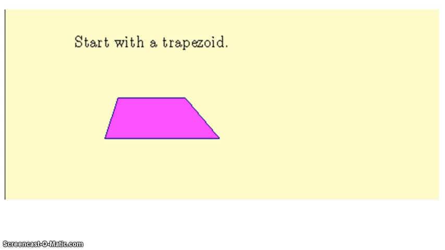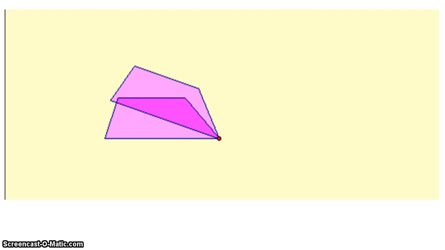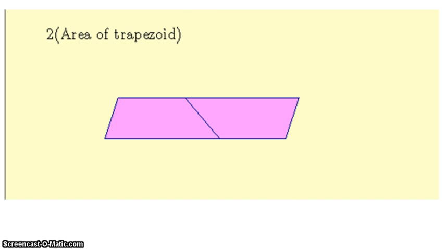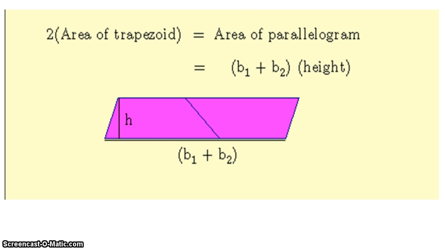So we start with the trapezoid, and just like the triangle, we're going to take 2 copies of that trapezoid. Now once we put them together, we've got double the area of a trapezoid, and that looks just like the area of a parallelogram. Except now, the base of the parallelogram is super long. It's the length of base 1 plus base 2, kind of the top and bottom base.